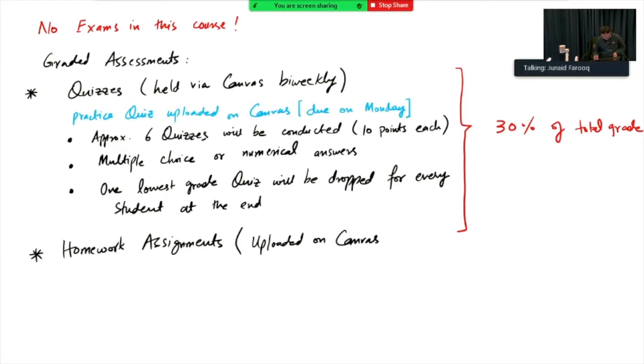And again, this is a bi-weekly endeavor. Okay, so similar style, you'll have approximately 6 homework assignments. So we're trying to reduce workload by giving alternate weeks of homework. So one week you'll have a quiz and the other week you'll have a homework.